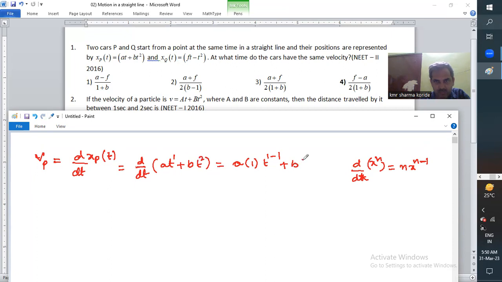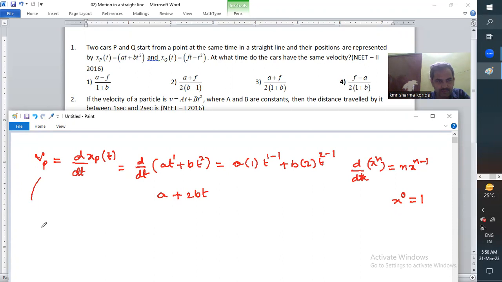So t has power 2, 2 into t to the power of 2 minus 1. So t to the power of 0 is 1. So you will be left with a plus 2bt.